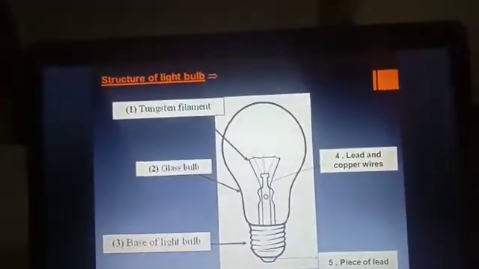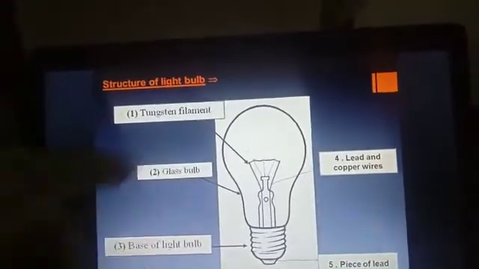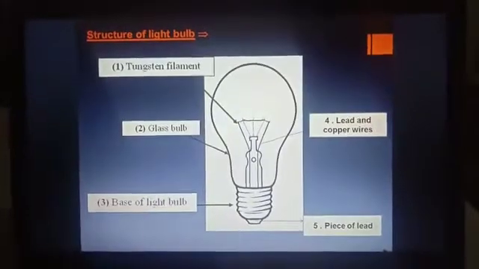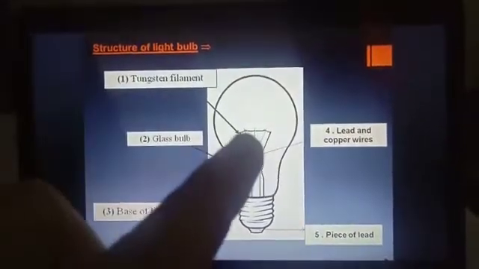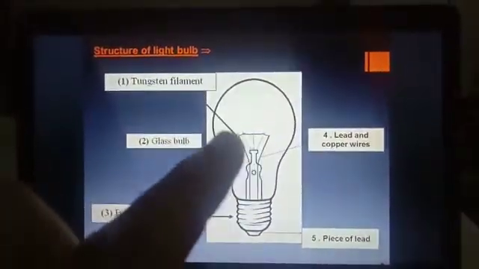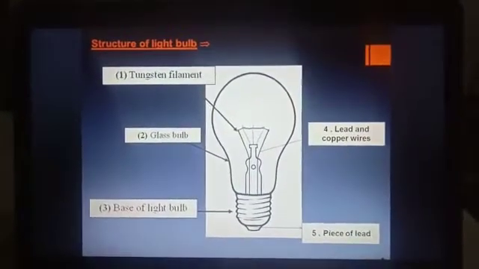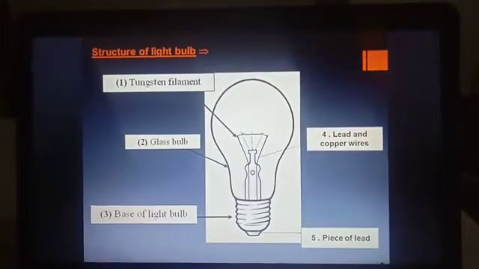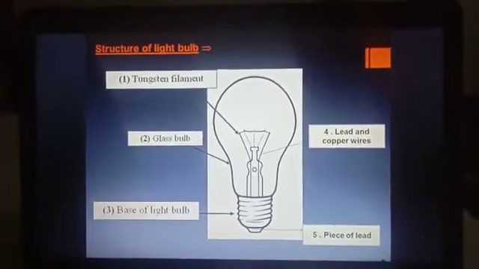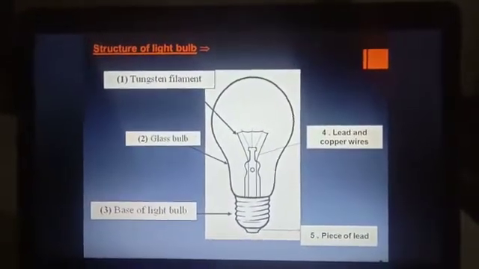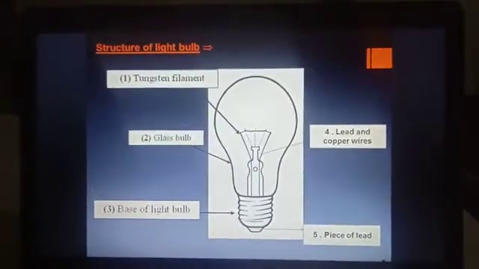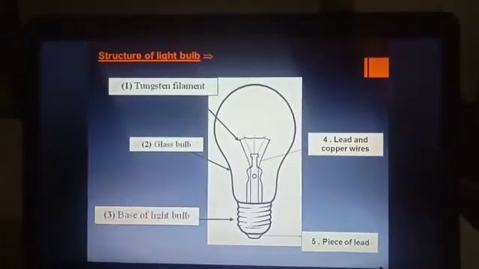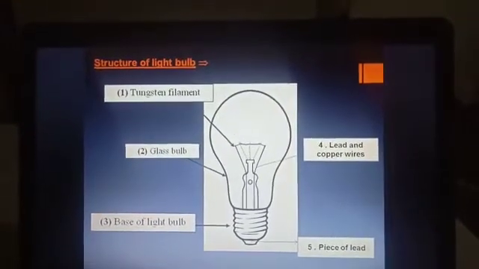What is the meaning of filament? Filament means very, very thin wire. This wire is made of tungsten. Tungsten is a metal, like copper, like lead. But why tungsten? Tungsten has a high melting point. It means that when this filament has electric current, it will heat up and light.